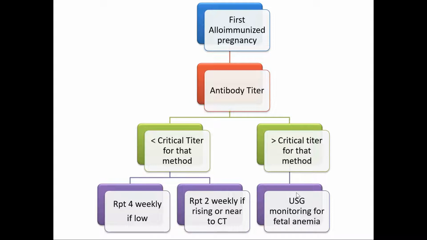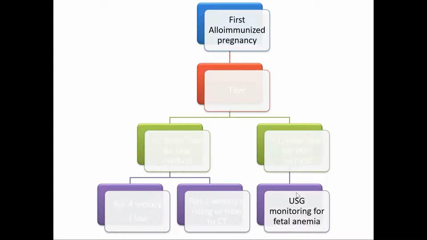Because titer estimation methods and antibody identification are all complex, and you need a really good lab, heavily reliant on your transfusion medicine expert. We know there is certainly a risk of the baby being affected if the lady is ICT positive, so just skip all these steps in between and directly start monitoring the fetus for anemia by ultrasound.